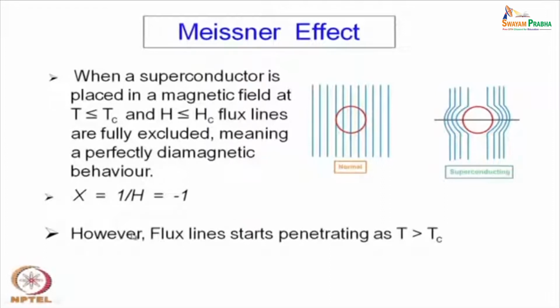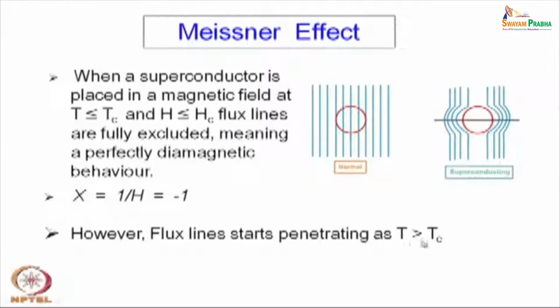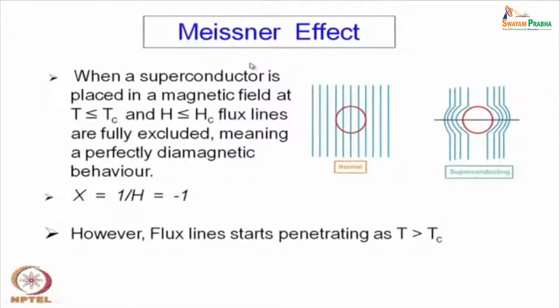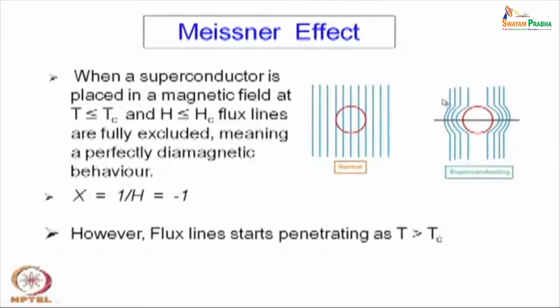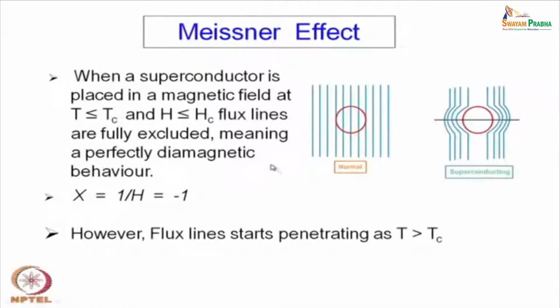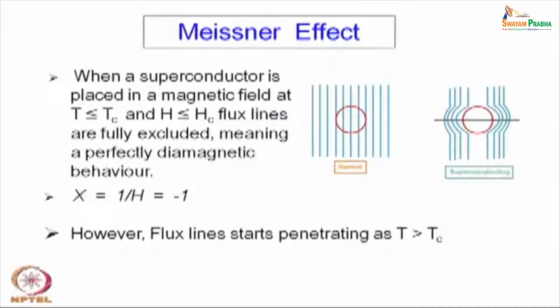However, flux lines start penetrating as T goes beyond Tc. This happens when it is completely superconducting, but if the temperature goes beyond Tc, then of course the flux lines start penetrating and it does not remain a perfect diamagnetic material.